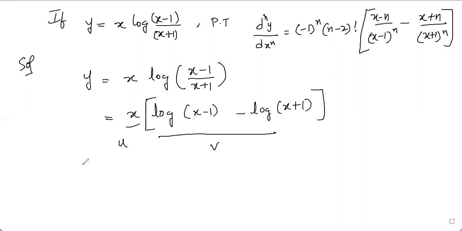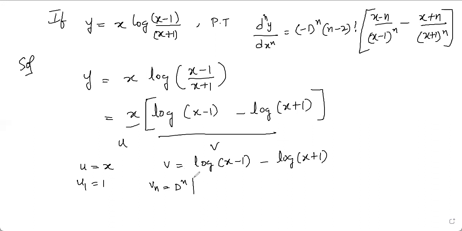So u being x, u1 will be 1, and u_n is 0 for n greater than or equal to 2. Now v is log(x−1) minus log(x+1), so v_n is d^n of log(x−1) minus d^n of log(x+1), right?